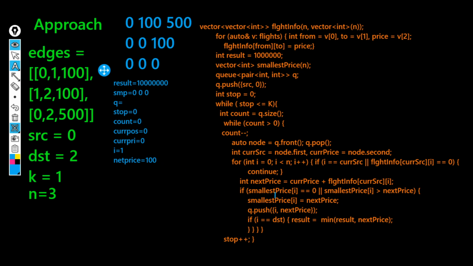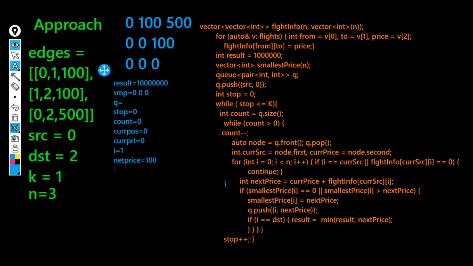Now I will check if the small price is equal to 0, and in this case it is 0. What this if is doing is that if this price is greater than the next price of the index, then it will change its value.